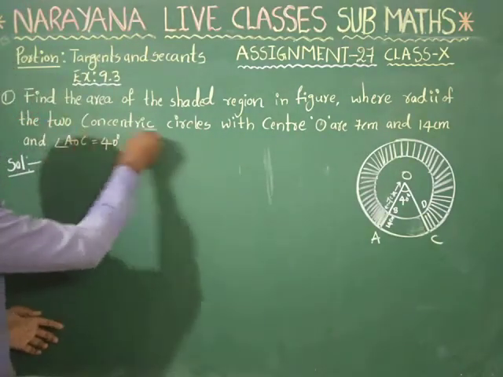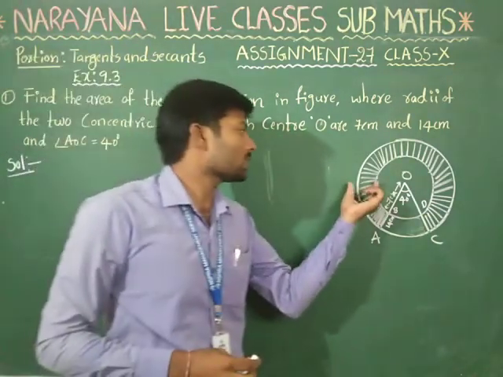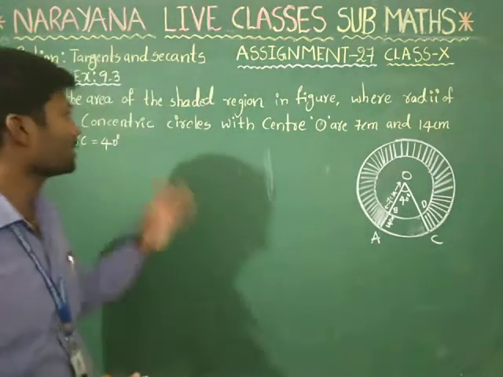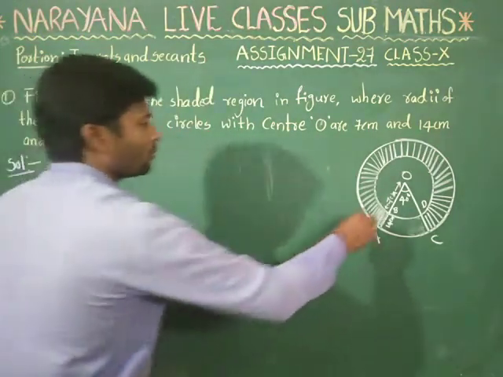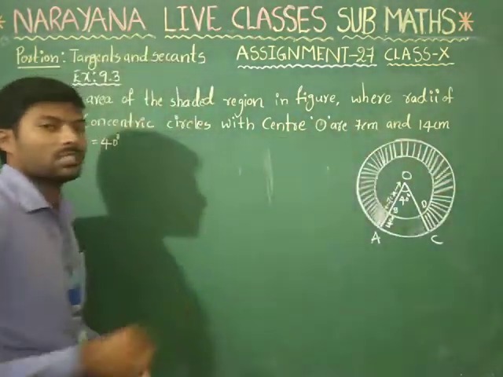What is meant by concentric circles? If two circles have the same center, they are called concentric circles. We want to find the area of this shaded region.